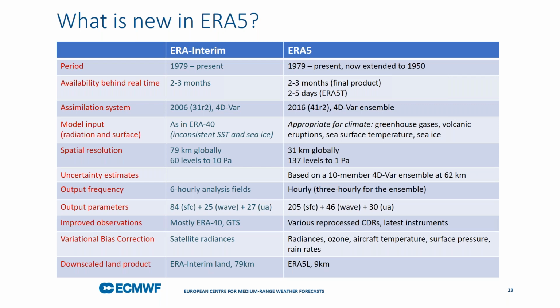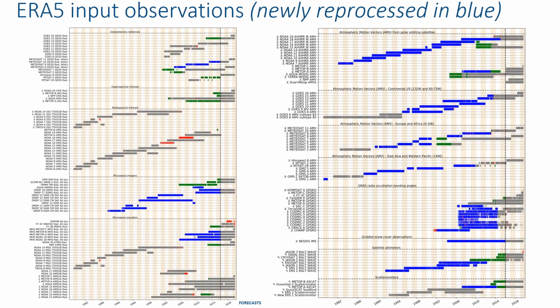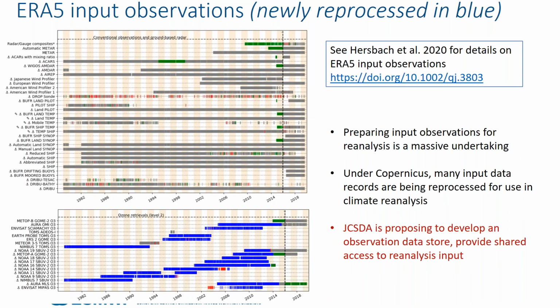Next, please. So just a few slides. This is the input observations. You don't have to look at all of it, but the message here, there are actually 2 slides because it doesn't fit on one, is number one, there's a huge amount of instruments to be handled in a reanalysis like this.